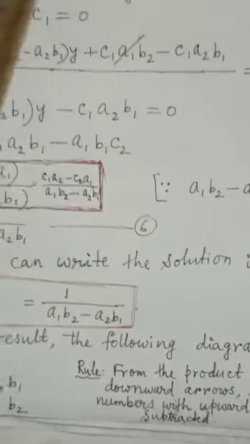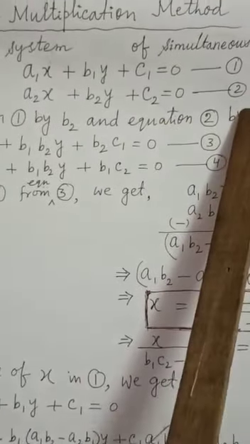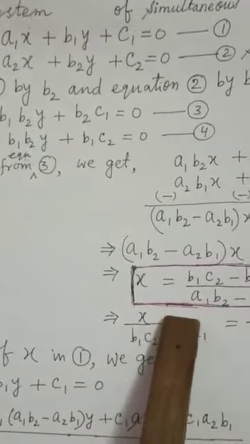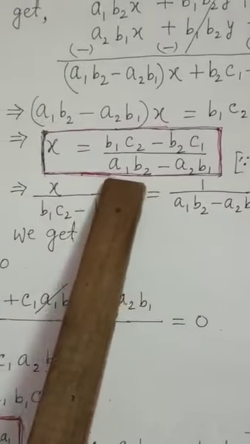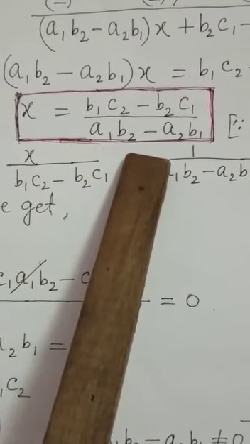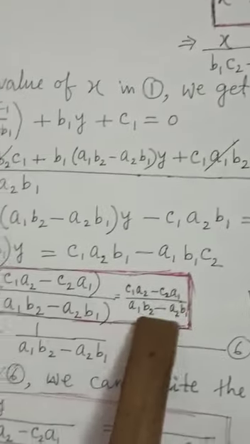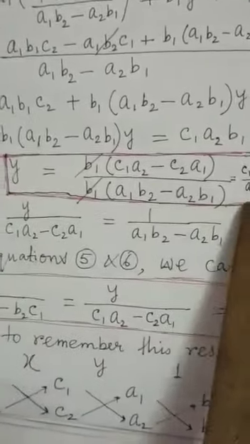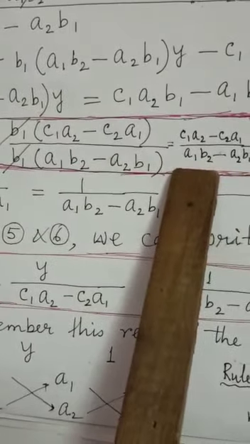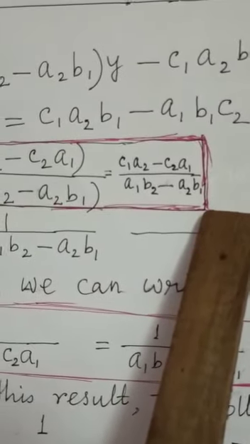So this system of linear equations has a unique solution x is equal to b1 c2 minus b2 c1 upon a1 b2 minus a2 b1 and y is equal to c1 a2 minus c2 a1 upon a1 b2 minus a2 b1, which is proved.